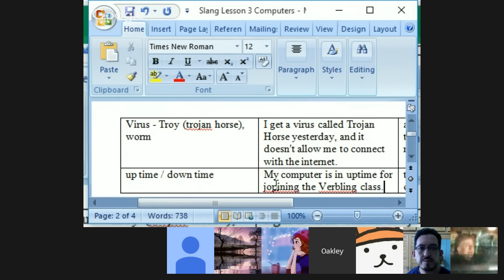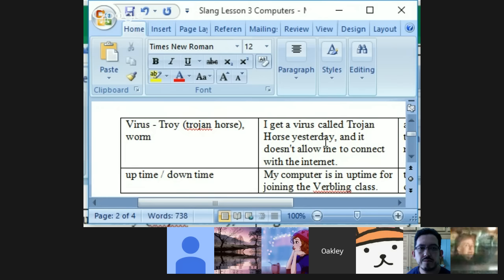We often use uptime to talk about how much time we spend on the computer. He spends 16 hours a day uptime, something like that. Not only the computer, but also human. Yeah, right. Exactly. So more often than not, you could use it for the computer itself, the device, also for a person. Yeah, he spends 12 hours a day uptime. Right.